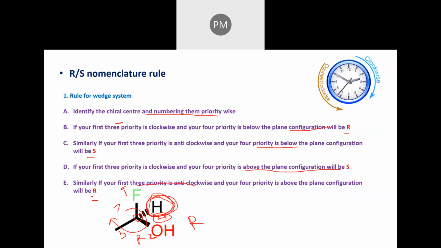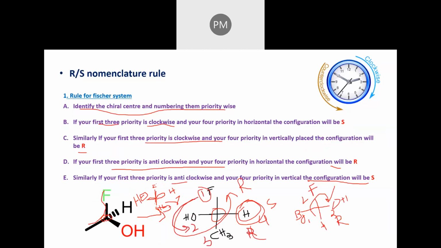If it is below the plane and the rotation is clockwise, then that will be R, and if it is above the plane with clockwise rotation, then this will be S.